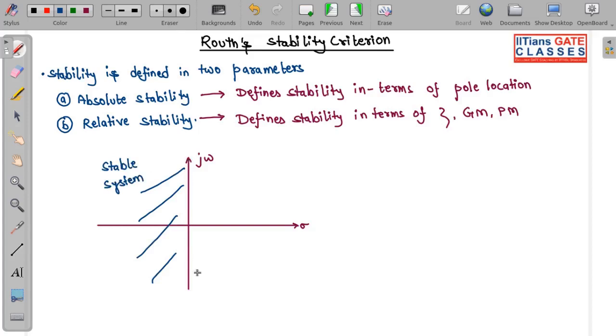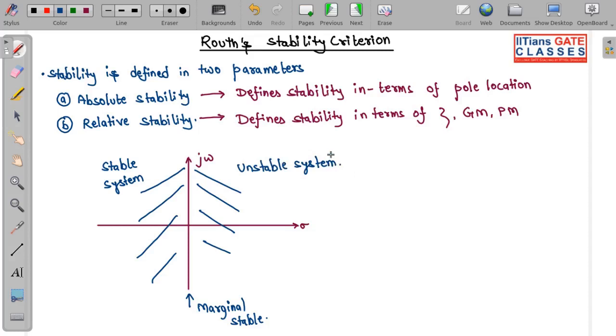If poles lie on the j omega axis, then your system will be marginal stable, and if your poles lie on the right hand side of S plane, then it will be unstable system. Okay, it will be unstable system.